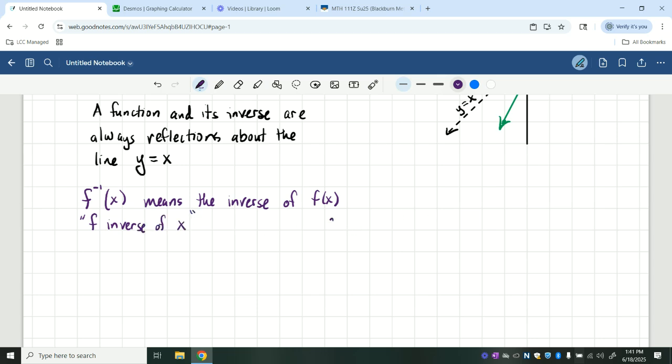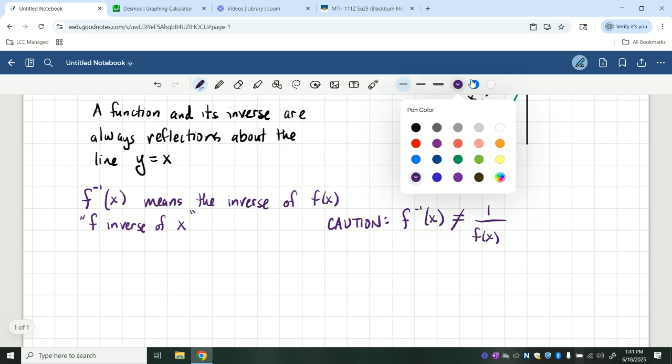Okay, caution, MyOpenMath is going to try to trick you at times. f inverse of x does not equal 1 over f of x. If you saw the expression 5 to the -1, well, 5 to the -1 means 1 over 5 to the first. But in this case, it does not mean that. It does not mean reciprocal.